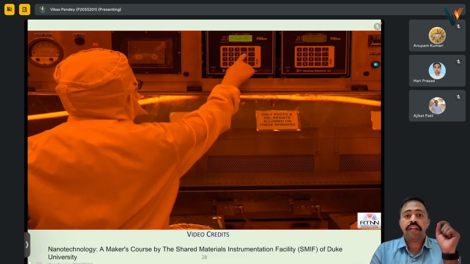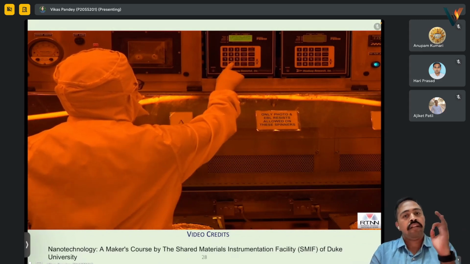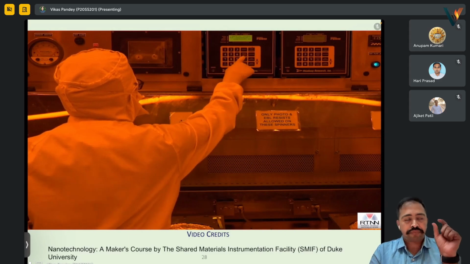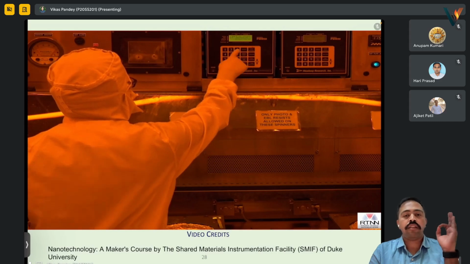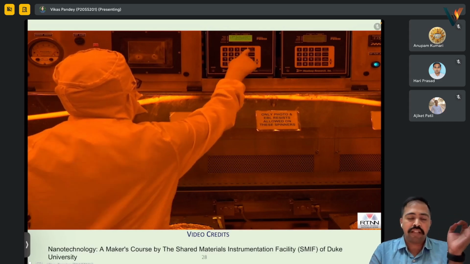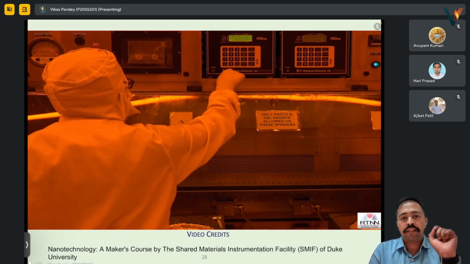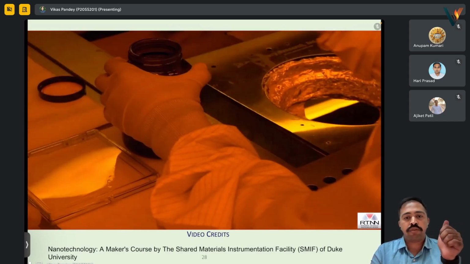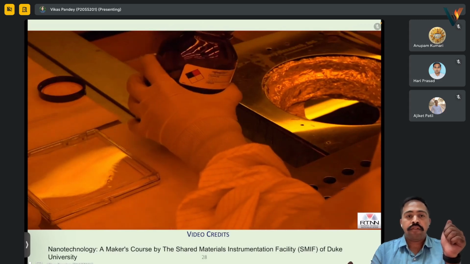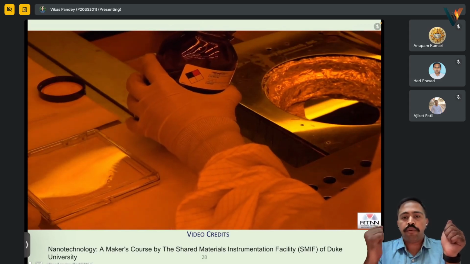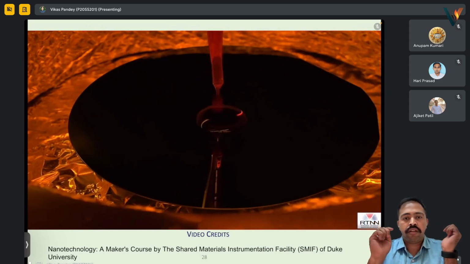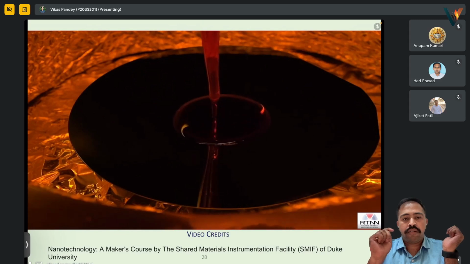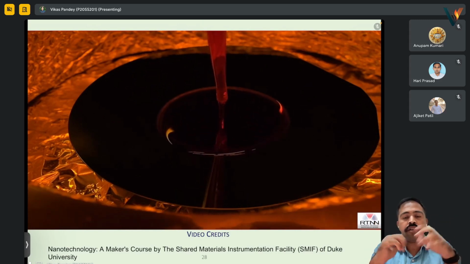Recipes are fixed: if they are going for some thickness, it is fixed at what speed it will give what thickness. They put in those parameters, then take the photoresist and pour it over the wafer, completely covering it.